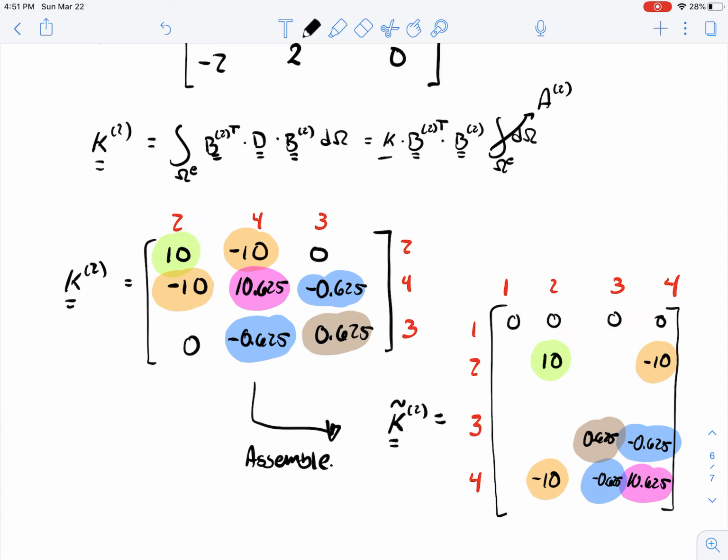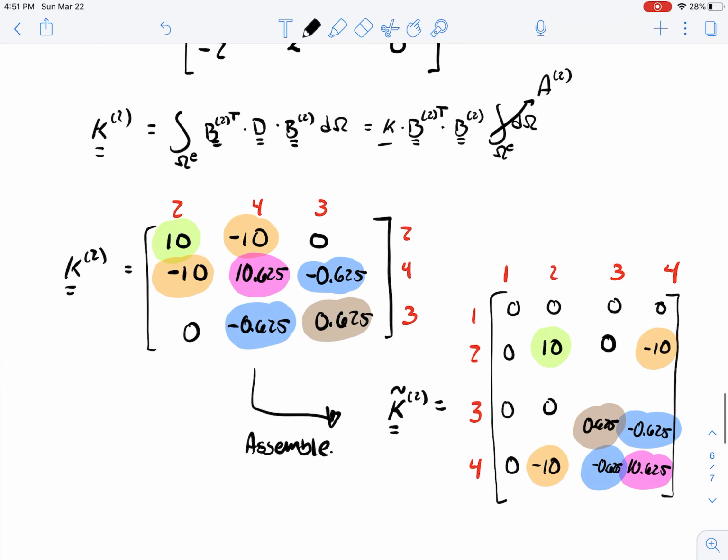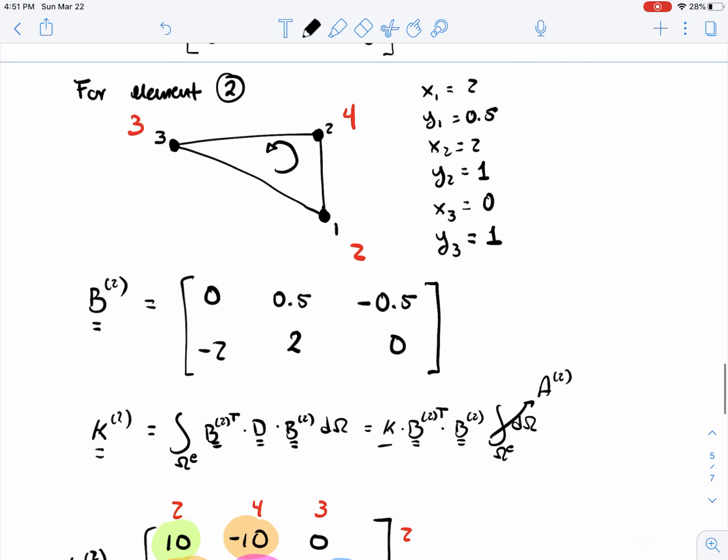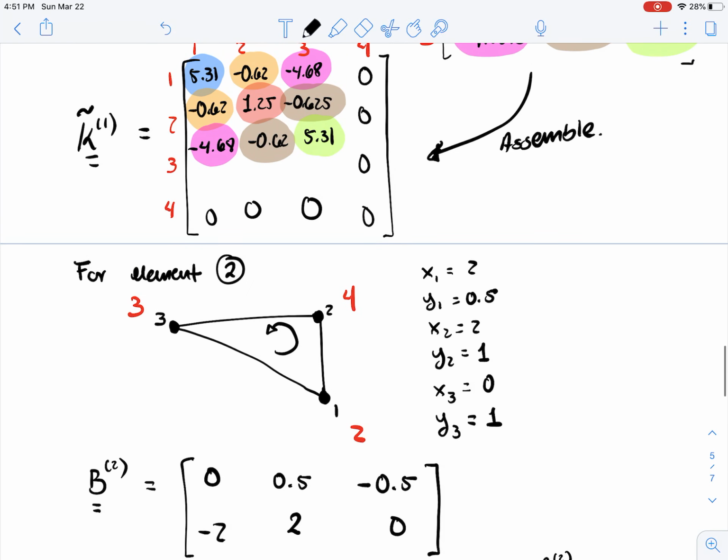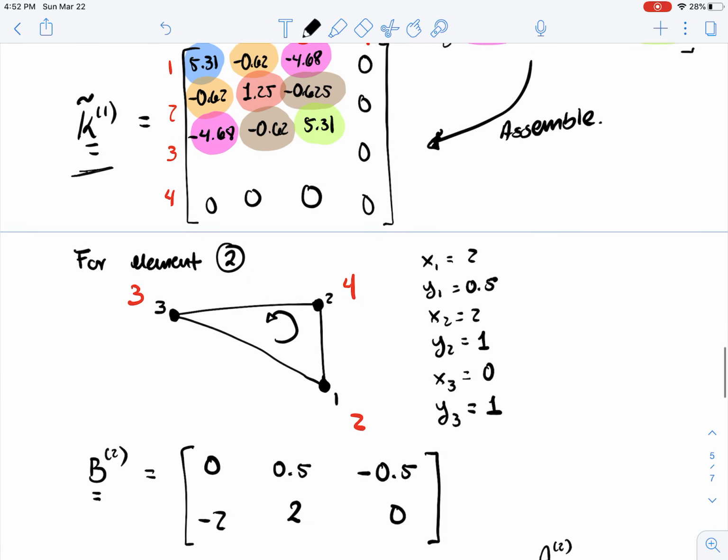So 1 with everything is zeros, and then the 2, 3 entries are 0. So you can see that in this case, things actually got a little bit shuffled. That's pretty much what I need in order to get the full stiffness matrix.